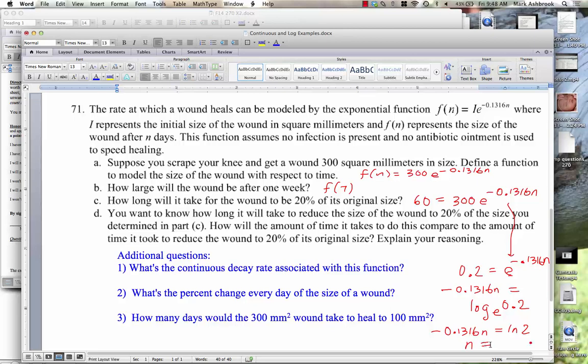How many days is that? So that's right in your calculator, right? We've got a natural log, just natural log of 0.2, divided by negative 0.1316. What is it? Natural log of 0.2.